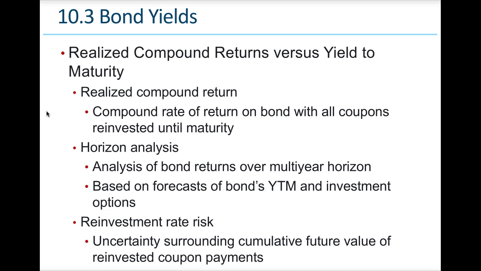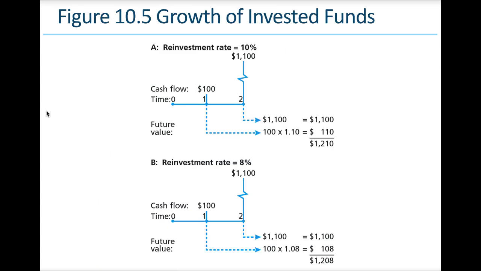There's some uncertainty about the future value of reinvested coupon payments. They may not actually be able to be reinvested at the same rate as the bond. That's going to complicate some of the calculations of your actual returns. So here, if we assume a reinvestment rate of 10%, we could calculate the future value of the bond at 1,210.